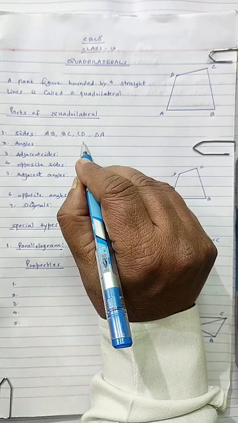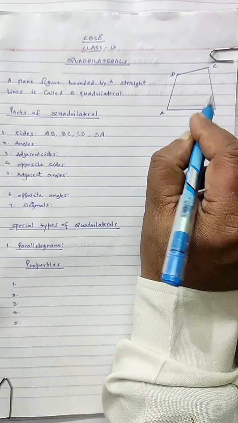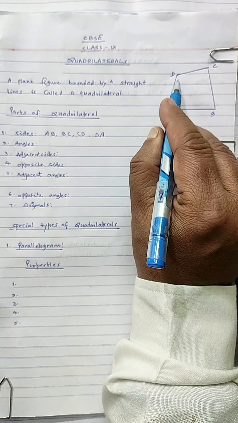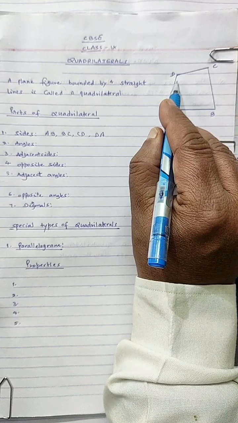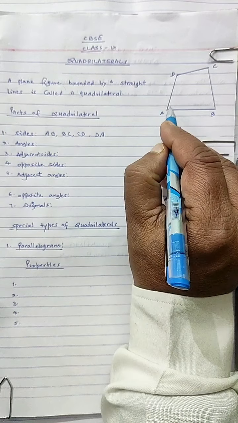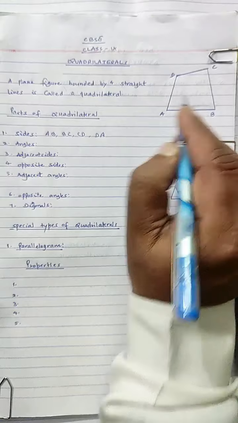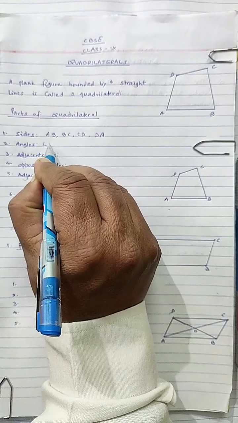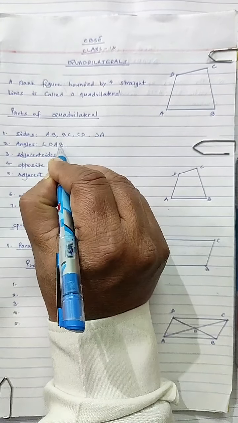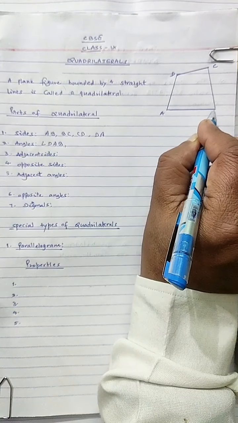Now angles, it has four angles, angle A, angle B, angle C, angle D. These angles can be named in three capital letters also. Angle A can be named as angle DAB. Angle B is ABC.